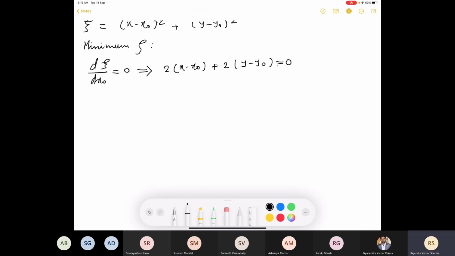So this will give that twice you can cancel. So this is x plus y minus x naught plus y naught. And that will make x plus y same as x naught plus y naught.